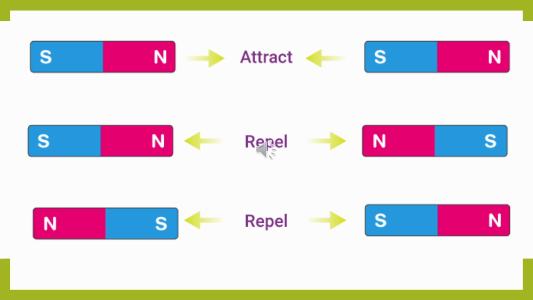Now in this slide, you will notice when the North Pole and South Pole are brought near to each other, they tend to attract. And if you bring the North Pole and the North Pole together, they tend to repel. Same goes for South Pole and South Pole. They tend to repel.